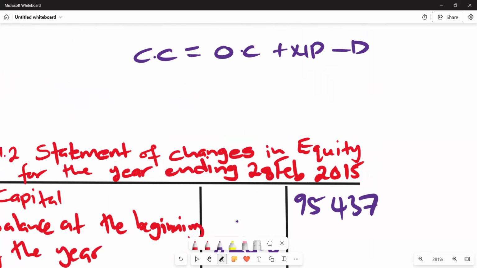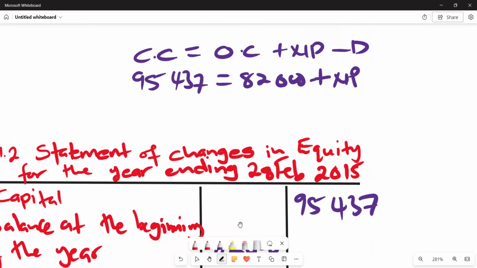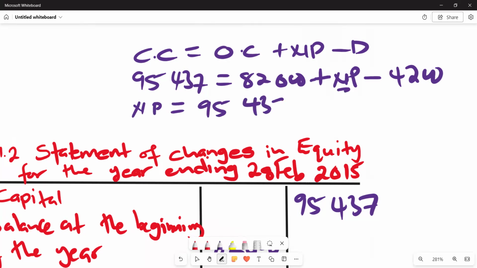So we are saying closing capital, 95,437, is equal to opening capital, which is 82,000, and net profit, the figure that we are looking for, less drawings, which is 4,200. So we can make net profit the subject of the formula by saying net profit is equal to 95,437, we subtract 82,000 and 4,200.